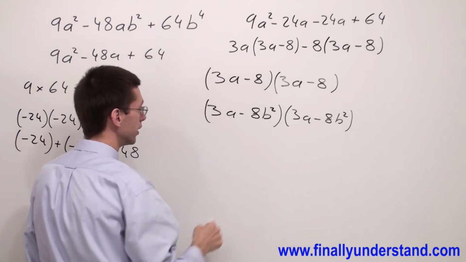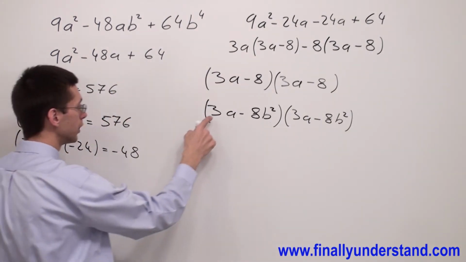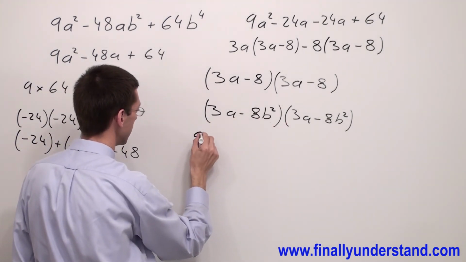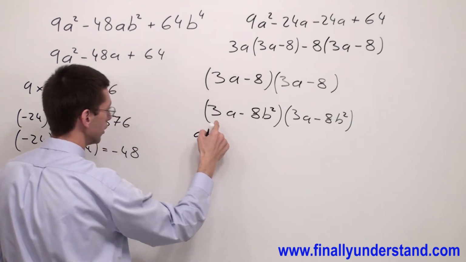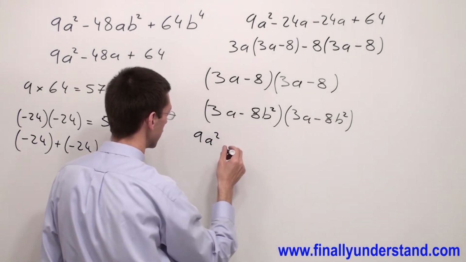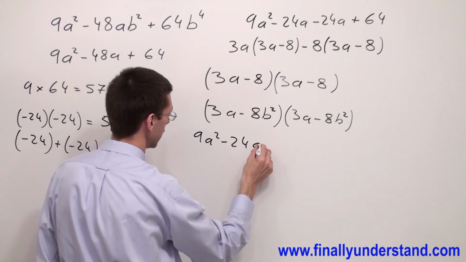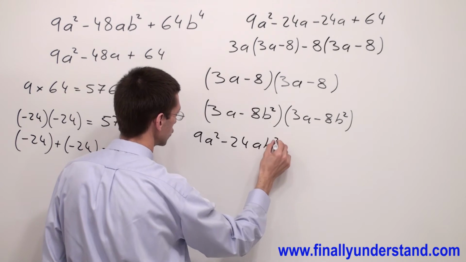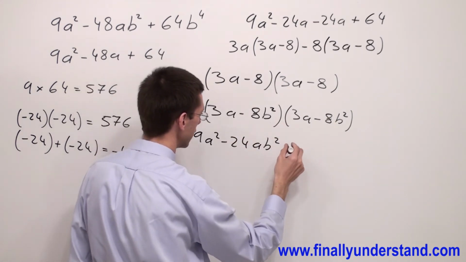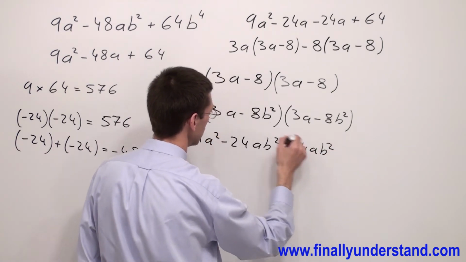And let's check if this is the right solution. 3a times 3a gives me 9a squared. 3a times negative 8b squared is negative 24ab squared. Negative 8b squared times 3a gives me negative 24ab squared.